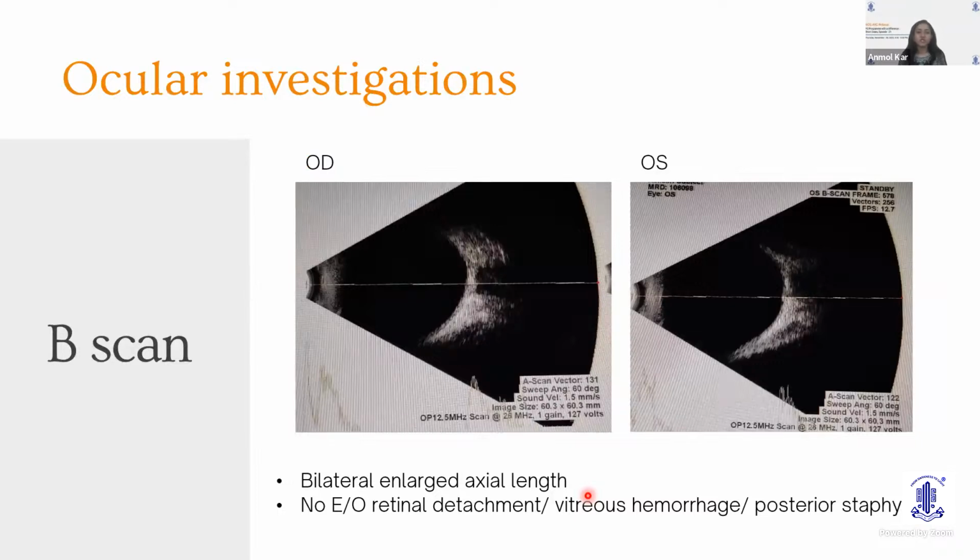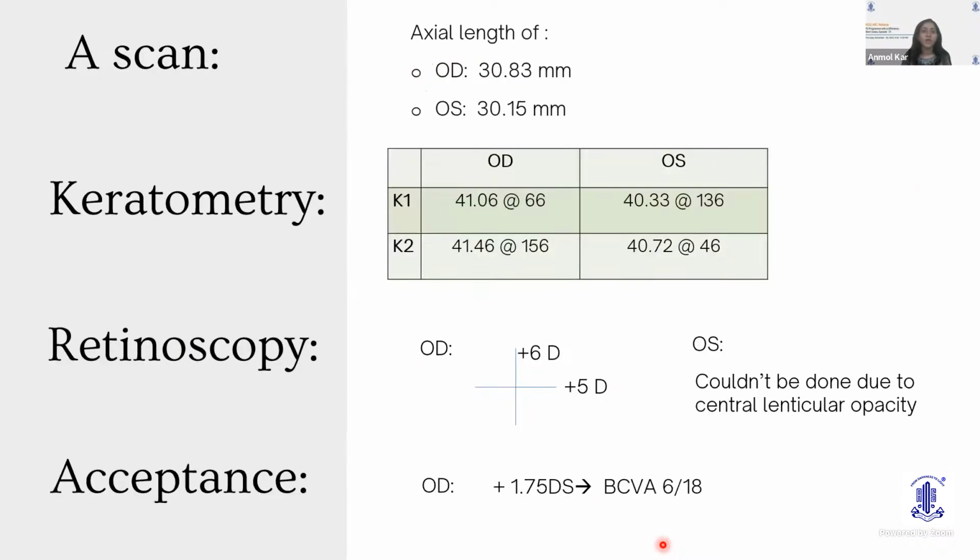On further ocular investigations, the B scan in both eyes showed bilateral enlarged axial length, and there was no evidence of retinal detachment, vitreous hemorrhage, or posterior staphyloma. The A scan was done to note the axial length, which showed 30.83 millimeters in the right eye and 30.15 millimeters in the left eye. Keratometry values of K1 in the right eye were 41.06 at 66 degrees, and in the left eye 40.33 at 136 degrees, and the K2 values were 41.46 at 156 in the right eye and 40.72 at 46 degrees in the left eye.